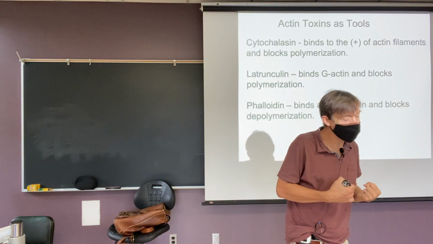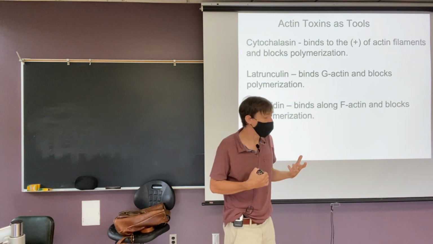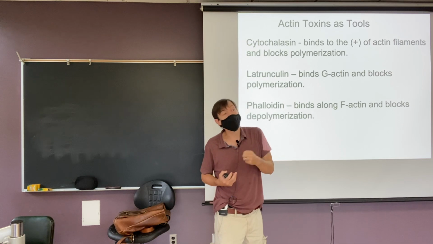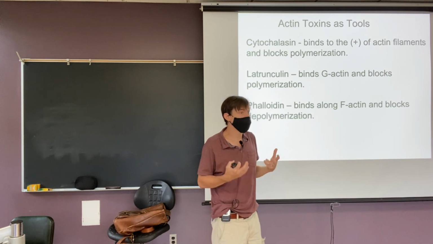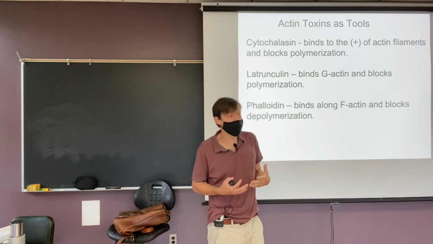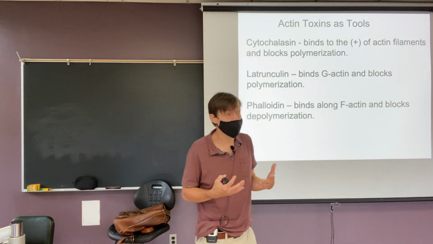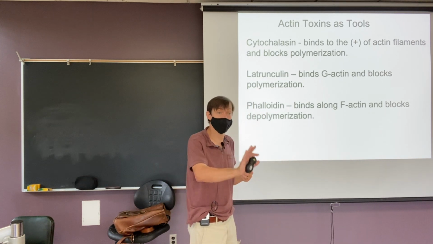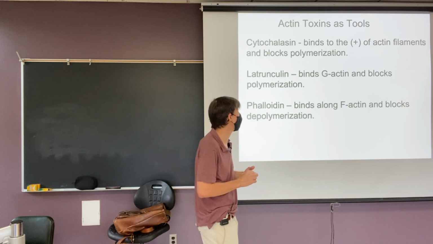When one wants to look at how cells work, it's important to have molecular tools to manipulate things. A classic approach is to use pharmacological reagents that inhibit the activity of different proteins.